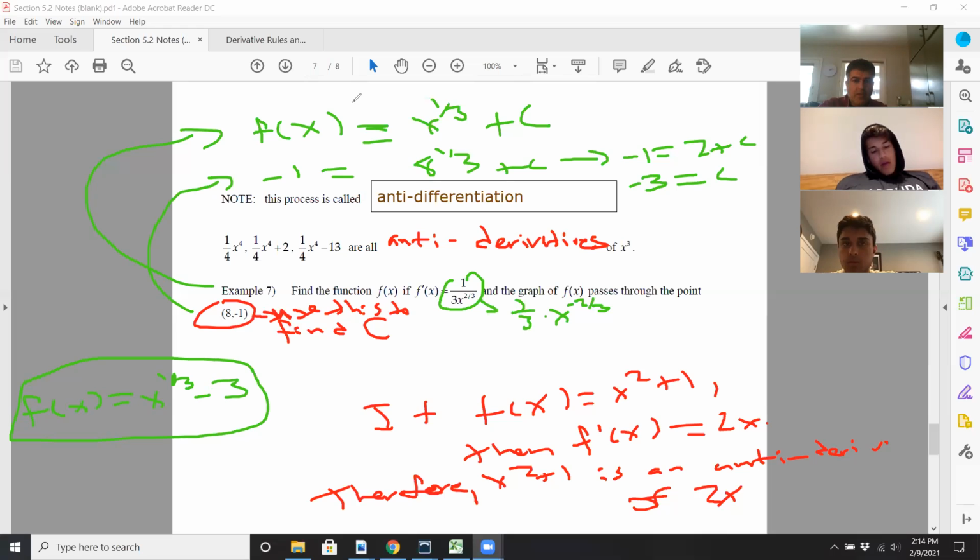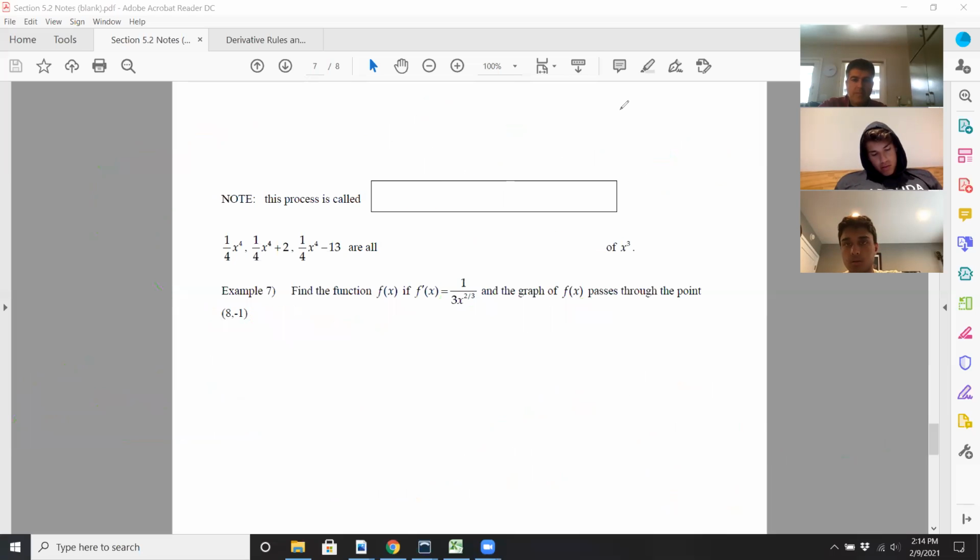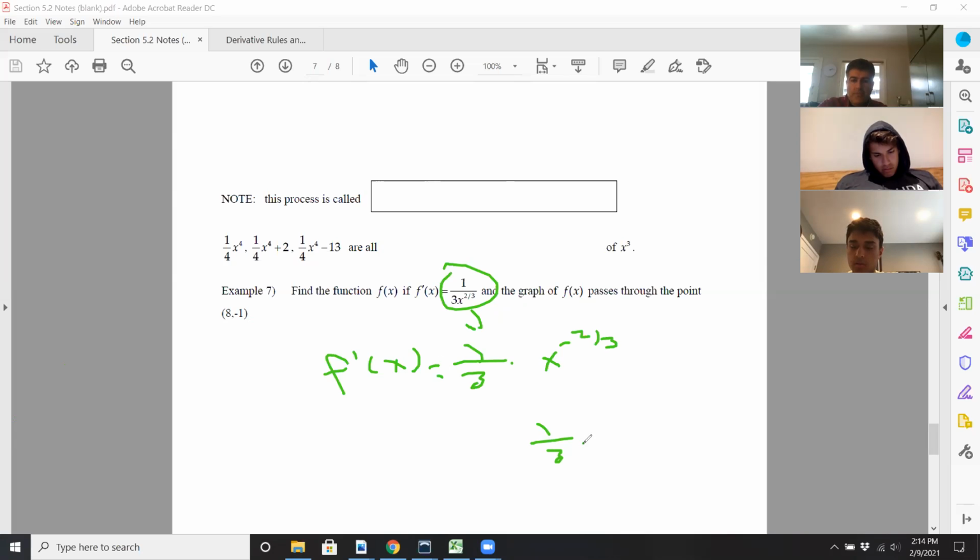Can you explain how you got x to the 1/3? Yeah, of course. Let me clear my screen here because it's getting a little busy. It helps if you rewrite this. That's 1/3 times x to the -2/3. That's f prime of x, right? So what you could do is add 1 to the exponent and divide by your new exponent.